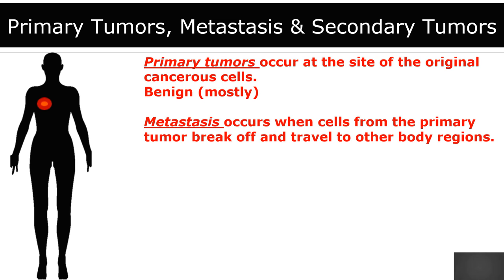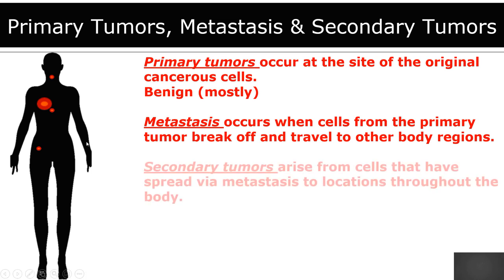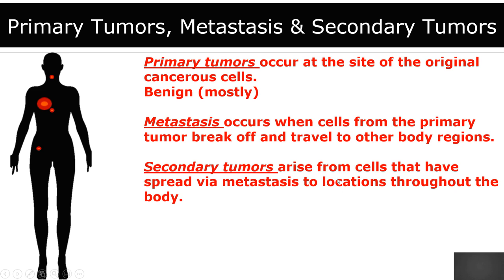But the problem happens when there is a metastasis. So metastasis is what happens when cells from that primary tumor start to break off and start traveling to other parts of the body. Because once those metastases are there, and again, it only takes one cell to do this, they can start to form secondary tumors, right?